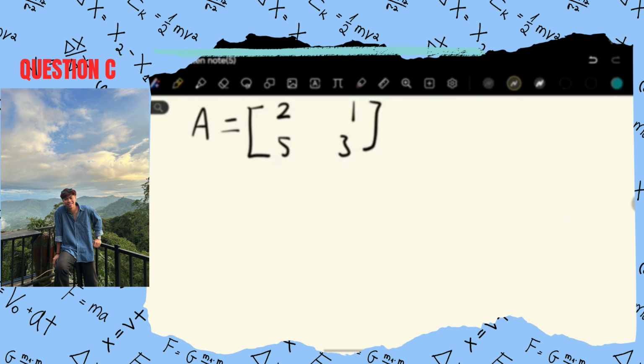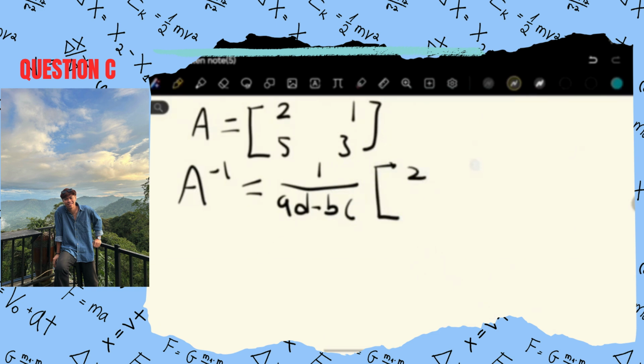So if we want to find the inverse, we must use the following formula for the inverse: 1 per AD minus BC, followed by the matrix form.